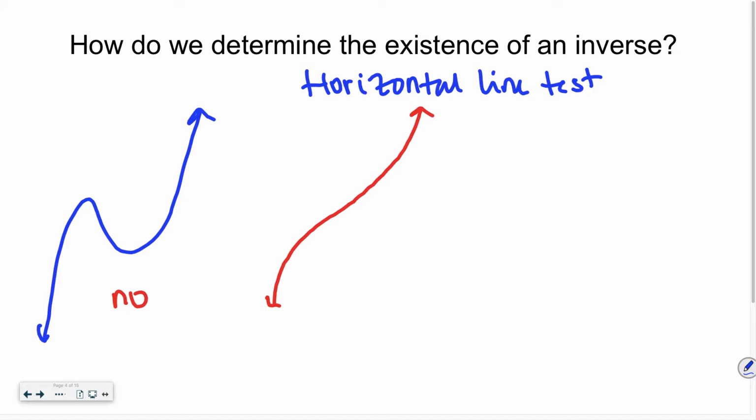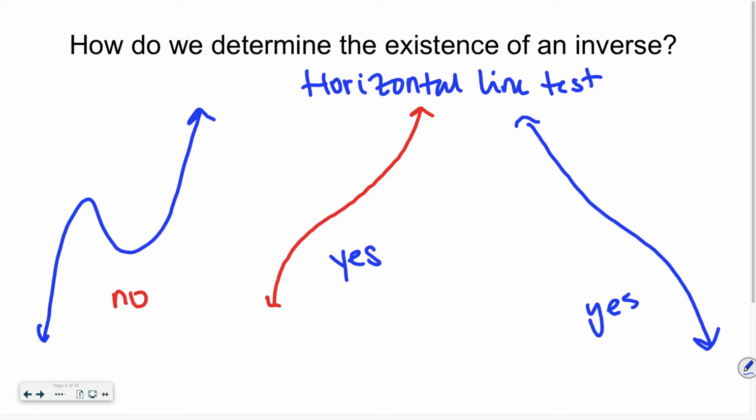Does that pass the horizontal line test? These two, the second and the third graph, would pass the horizontal line test, so they would have an inverse.